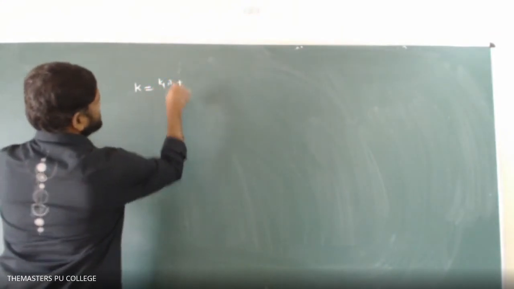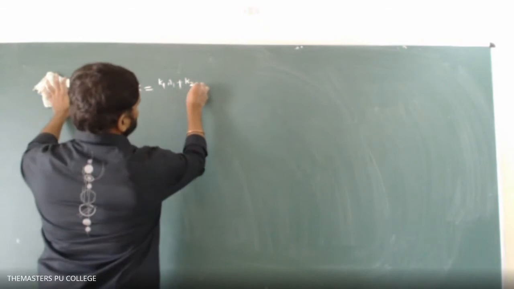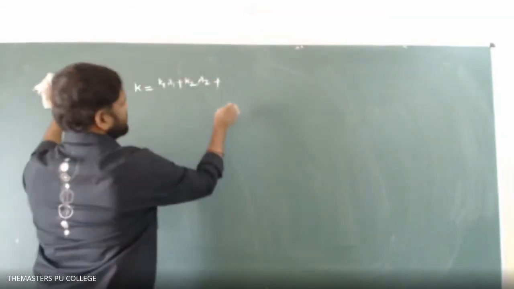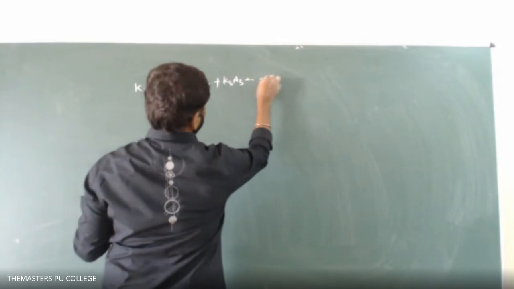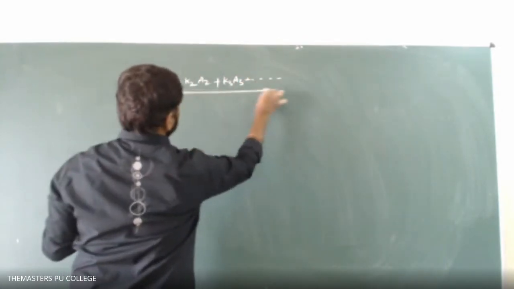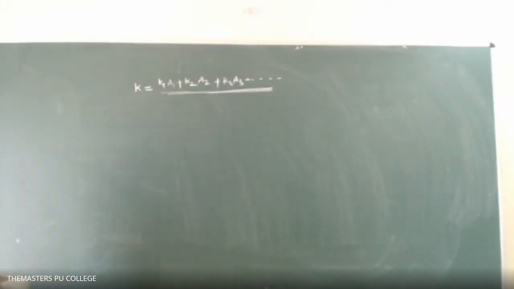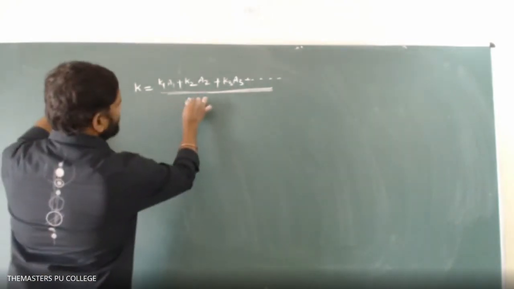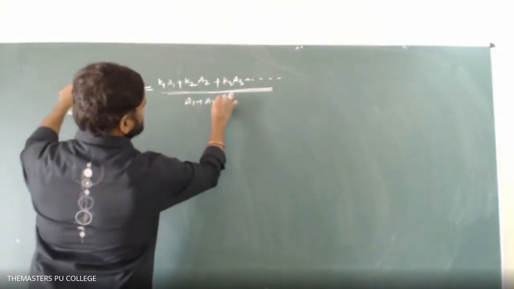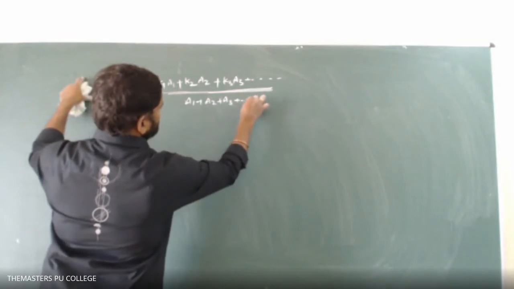K equals K1A1 plus K2A2 plus K3A3 and so on, divided by A1 plus A2 plus A3 and so on.